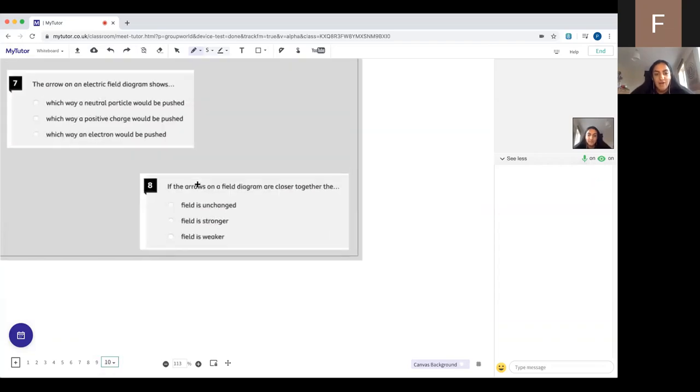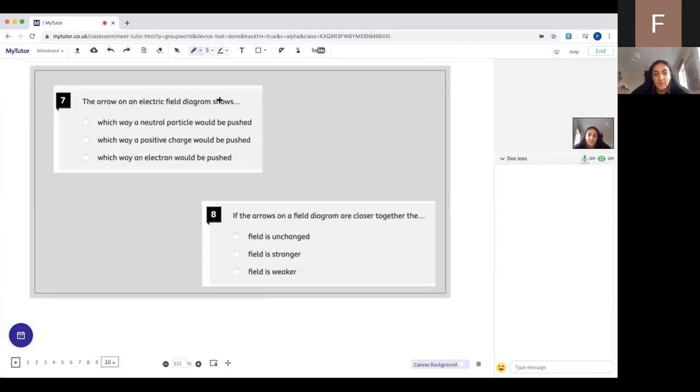Okay, the arrow on an electric field diagram shows, and I didn't exactly state the answer to this question, but hopefully you'll be able to infer it from the way that electric field lines go. And if the arrows on a field diagram are close together, the field is what?